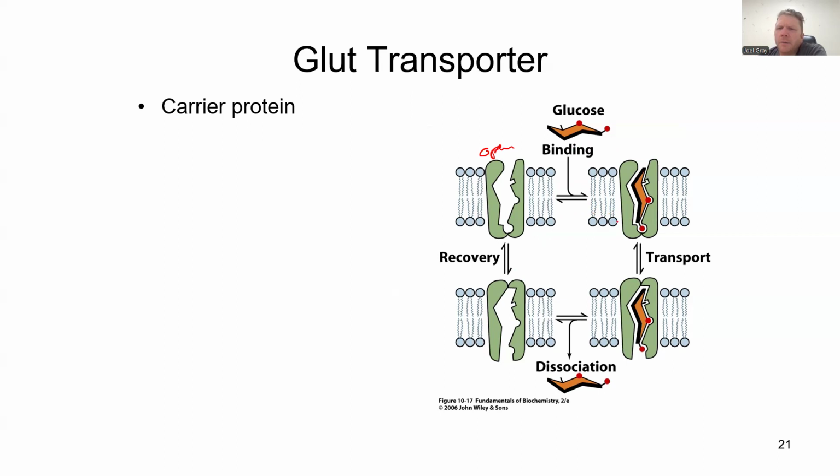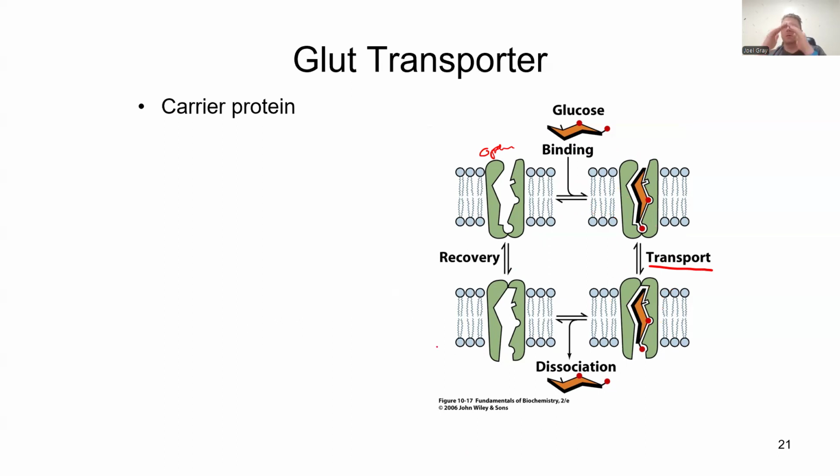And whenever it binds glucose, then it's going to undergo a conformational change or a transport where the protein will go from this to now like this. So basically that glucose molecule can be dropped off on the other side of the membrane.